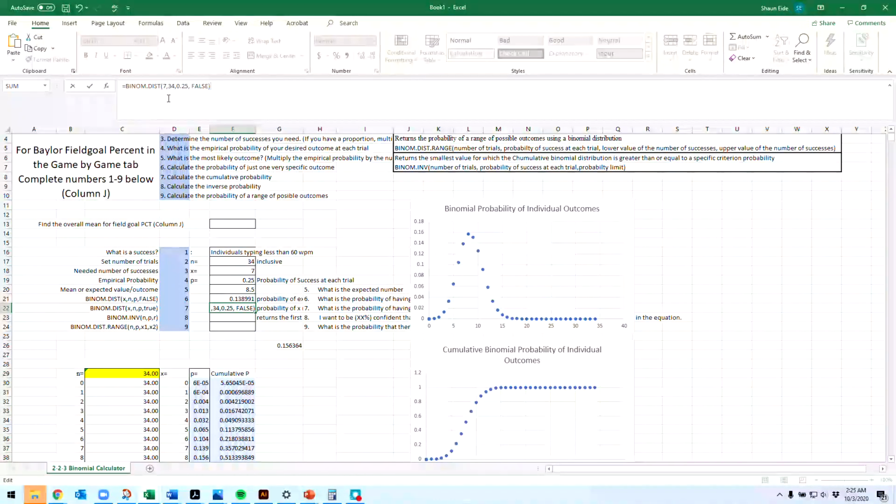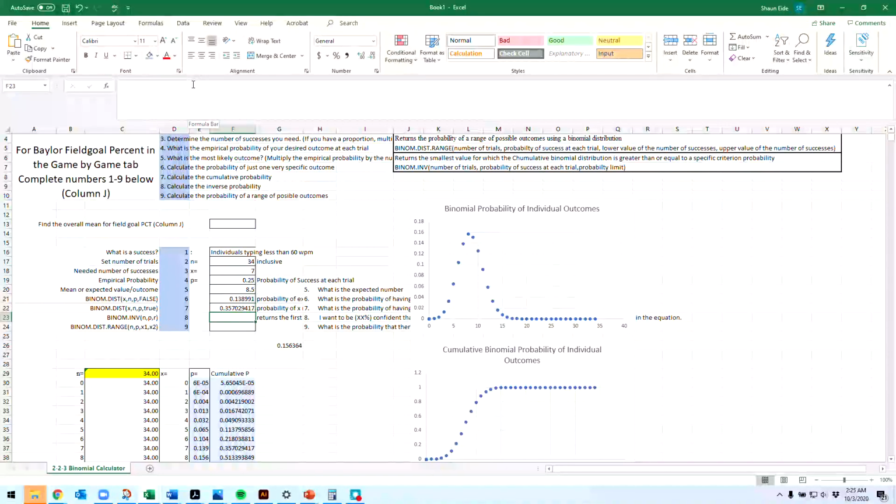Then coming right here, the probability of less than 7, we just do the exact same thing with the binomial distribution. This is the needed number of successes, which tells you the number of successes or less. Then the number of trials, then the probability of success at each trial, and last but not least, we put true.